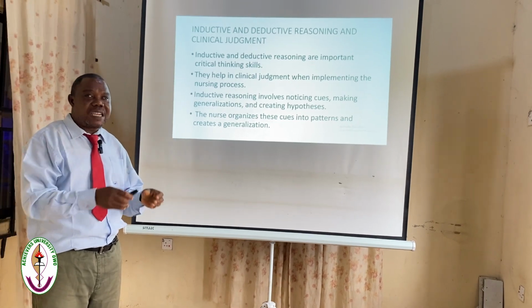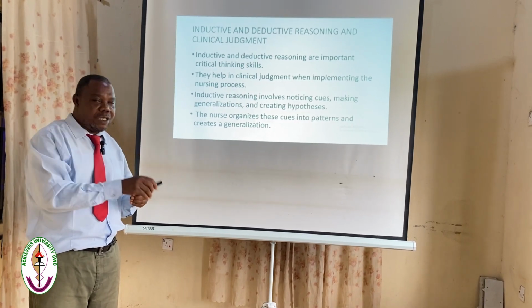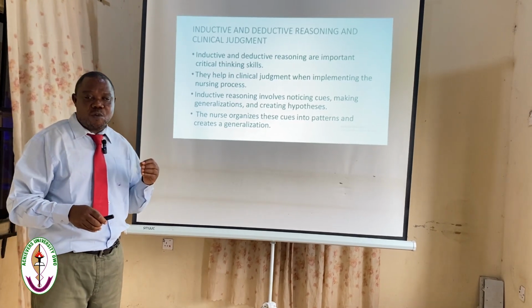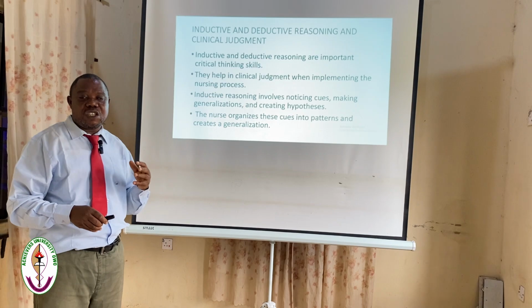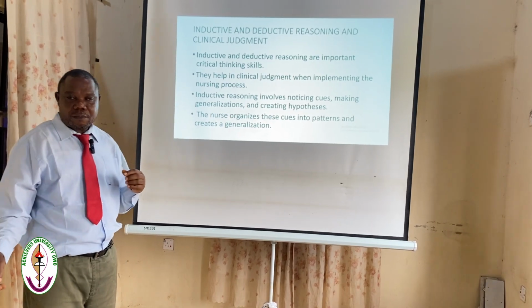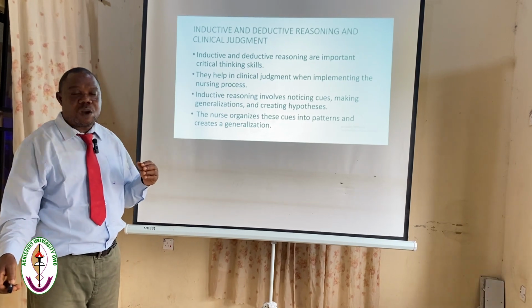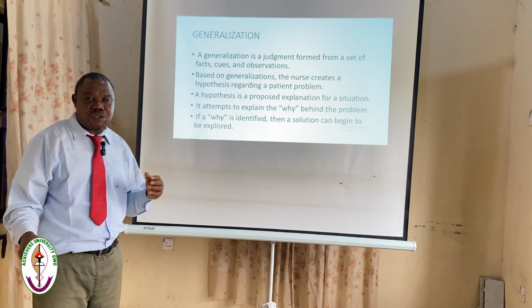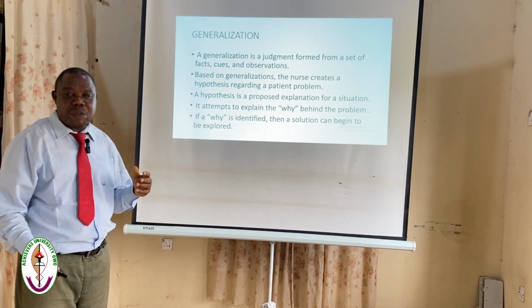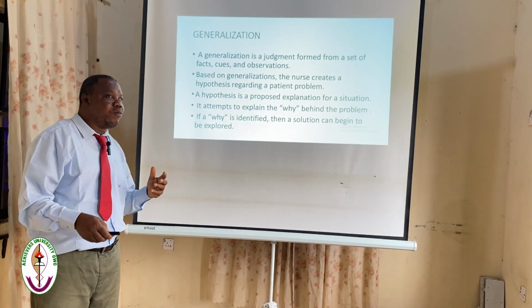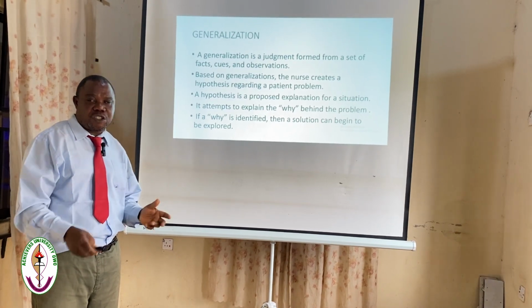When you put them together, you add names to them. That's why we say making generalization. The nurse organizes these cues into patterns and creates a generalization. What I mean is that a generalization is a judgment formed from a set of facts, cues, and observations.